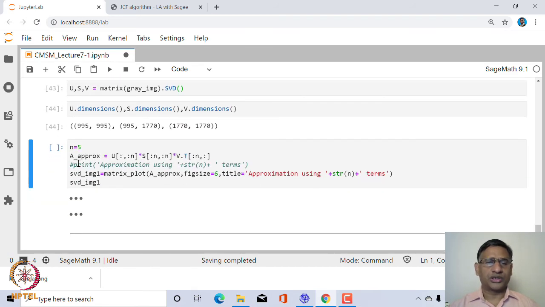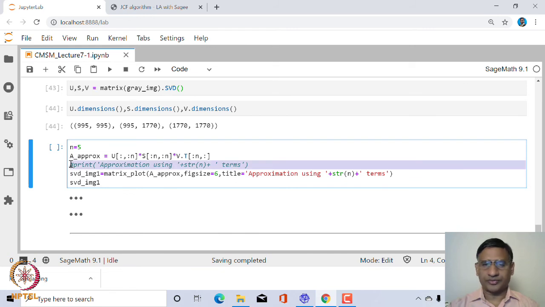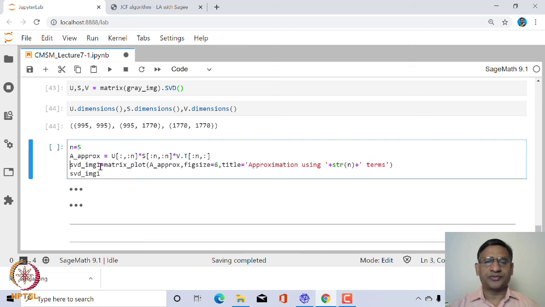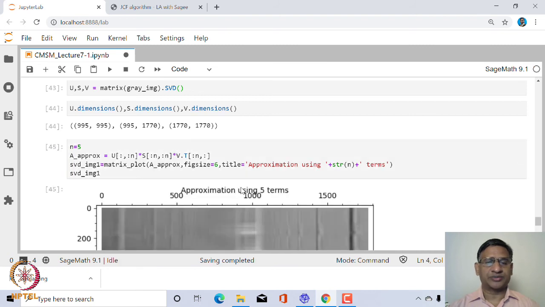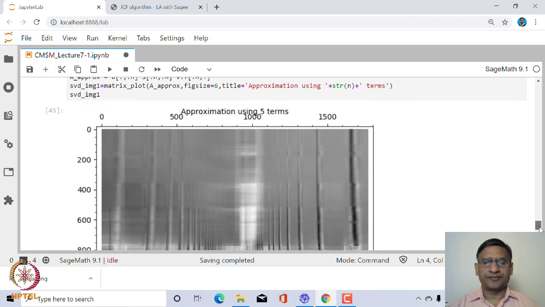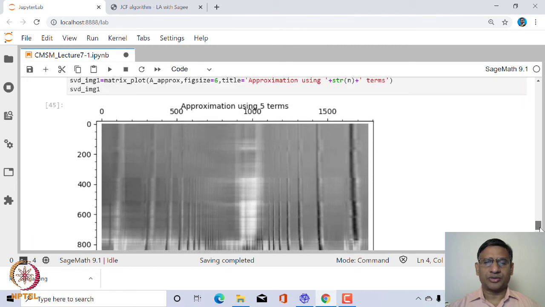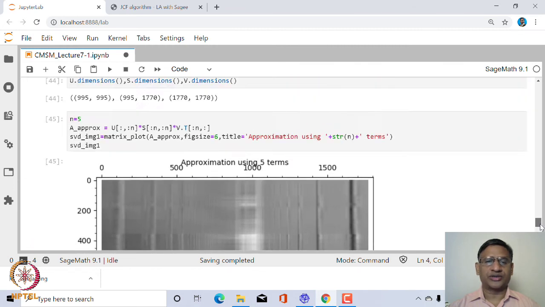So, if I take only the first 5 terms, you are taking the first 5 columns of U, 5 rows and 5 columns of S, and the first 5 rows of V transpose, and then if you plot this using a matrix plot, this is what you get. You can hardly make out the image, so this is not a very good approximation.